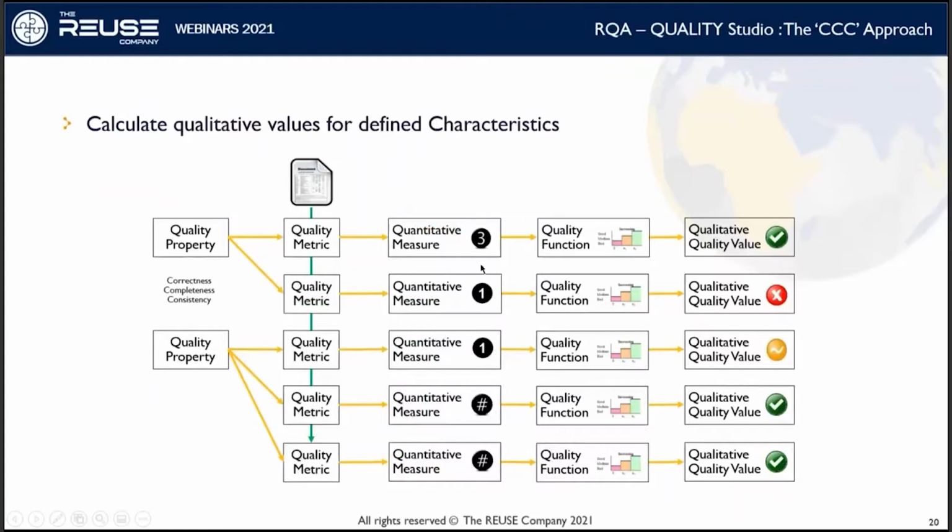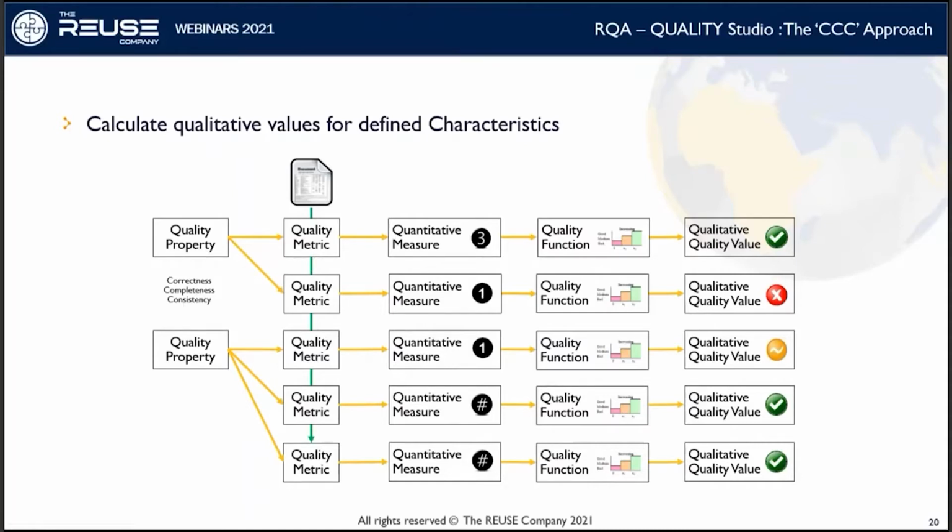Basically, if I sum up the concept of quality metric, which is how we will measure the quality in RQA, we have the CCC approach. So we have metrics for correctness, metrics for completeness, and metrics for consistency. And one quality property or rule will be implemented into one or several metrics. So each metric will have something to measure based on a parameter, or without any parameter if we consider the non-parameterized metrics.